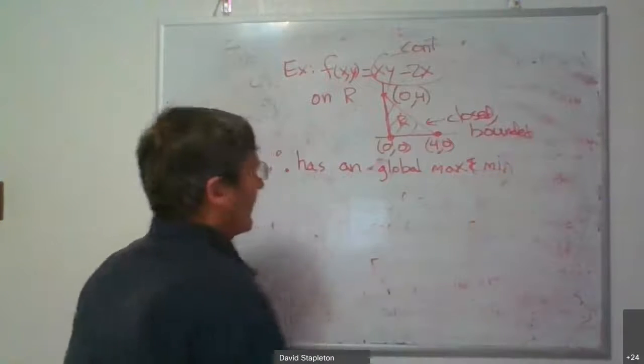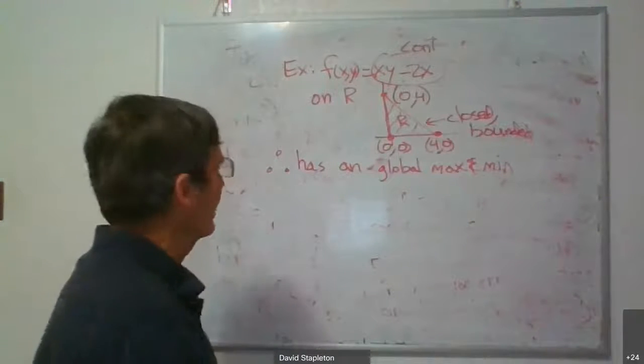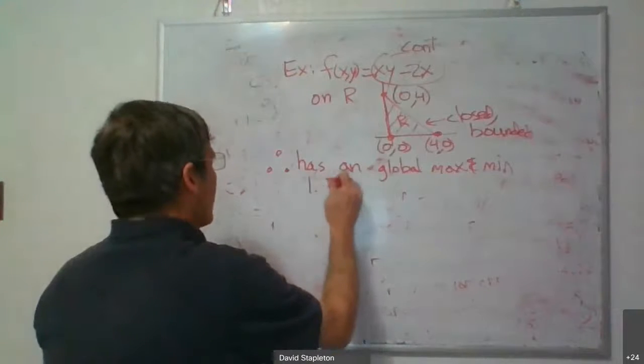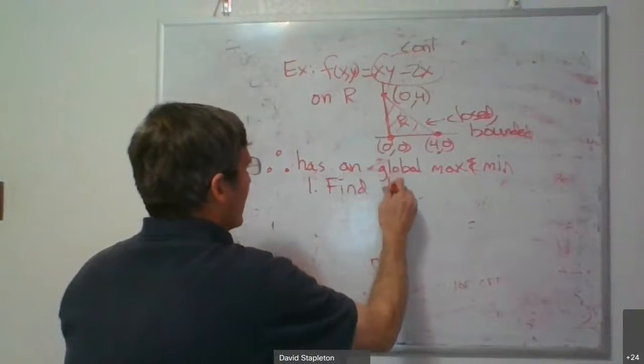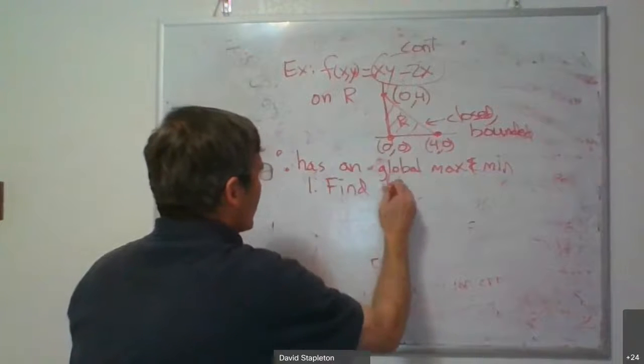What's the strategy for the global max and min? You start off with the same first step. Find the critical points, interior.